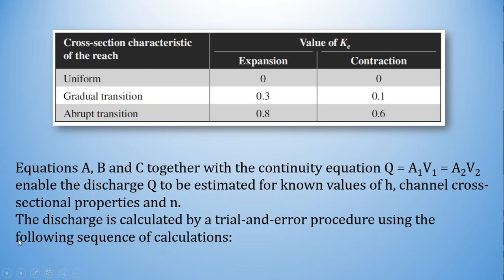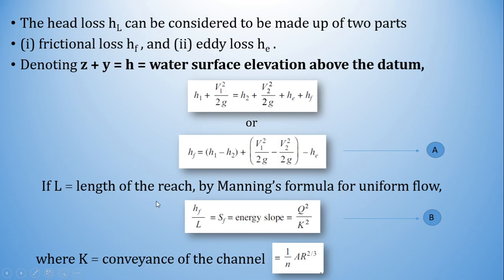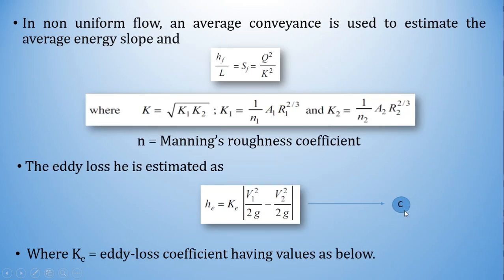Now look at the equations A, B and C. Equation A is for finding the frictional head loss. B is to find the energy slope, which also has head loss, length, discharge and conveyance of the channel. And equation C has head loss due to eddy, which also has the eddy loss coefficient.